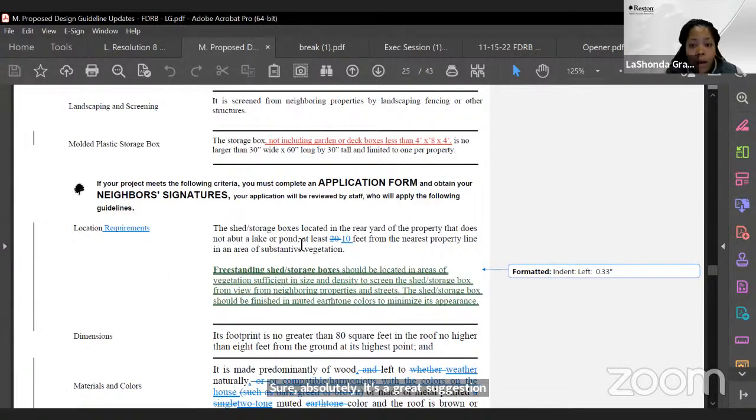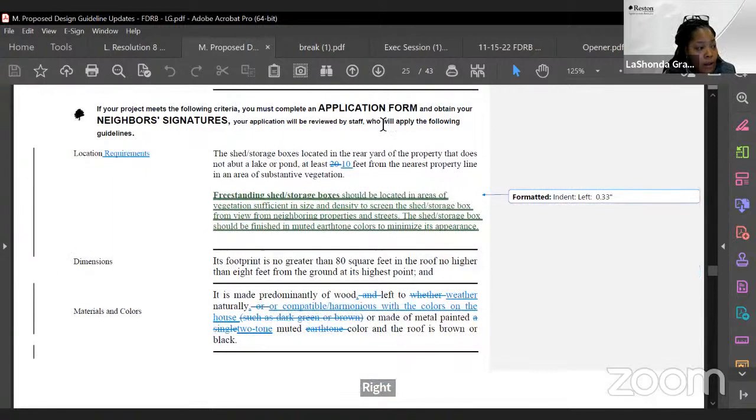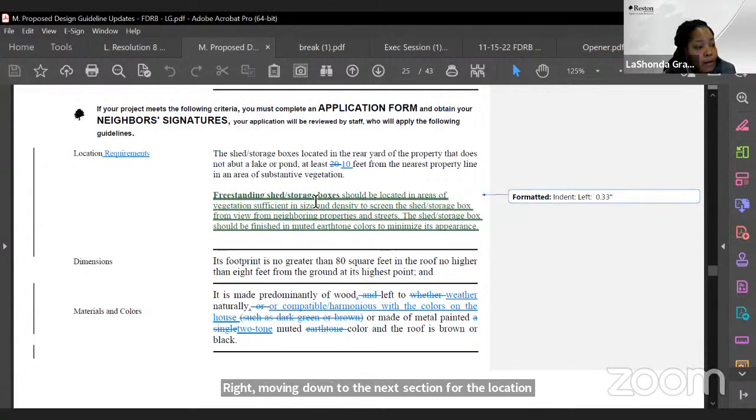Okay. Moving down to the next section, for the location requirements, we decreased the dimensions from 20 to 10 feet from the nearest property line for storage boxes or sheds located in the rear yard.